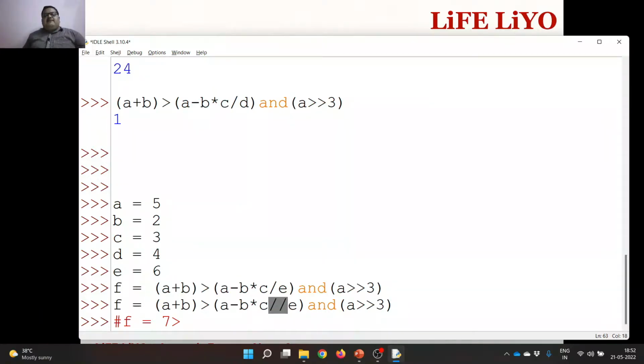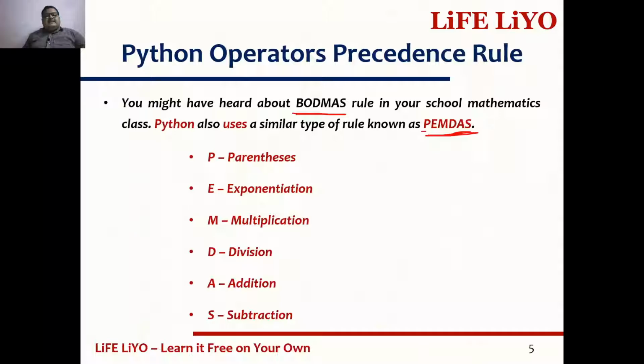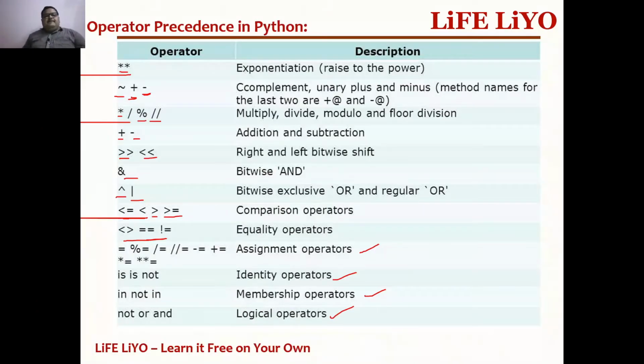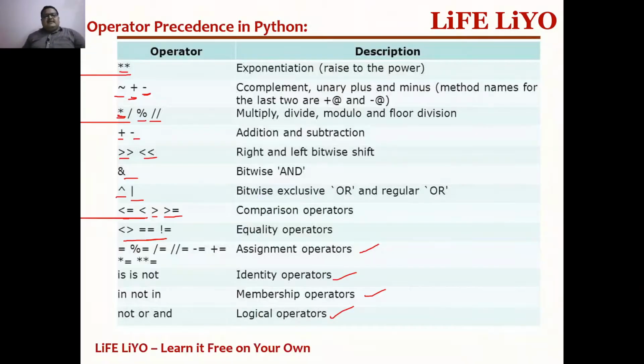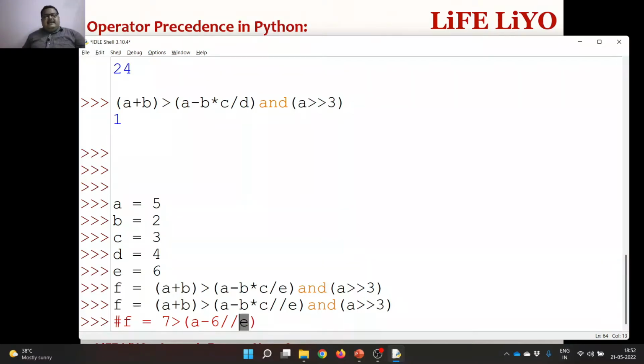These are having the different precedences. Look at here. First one, multiplication is having the highest precedence. So B into C is going to be evaluated. So 2 into 3, 6. That is A minus 6 floor division E. So what is the next one? Yes, floor division. 6 floor division 6. So 6 by 6 means it is going to convert into 1. Then at the last, minus A, 5.